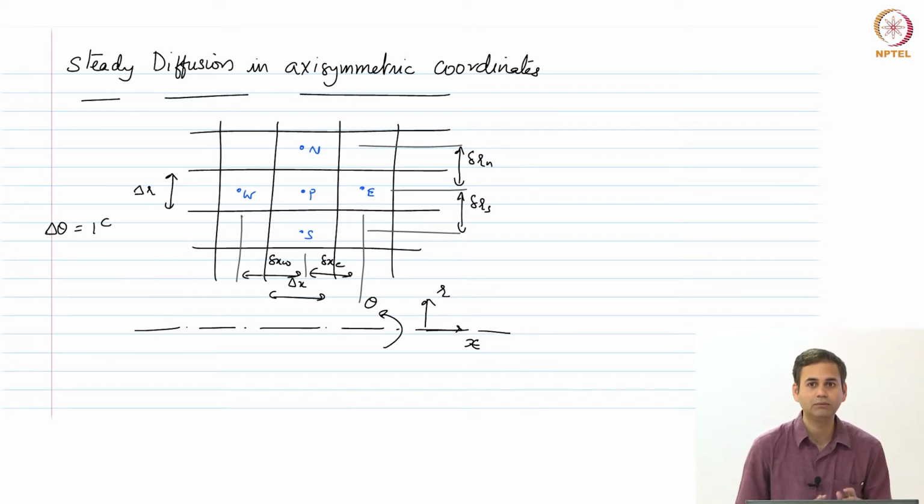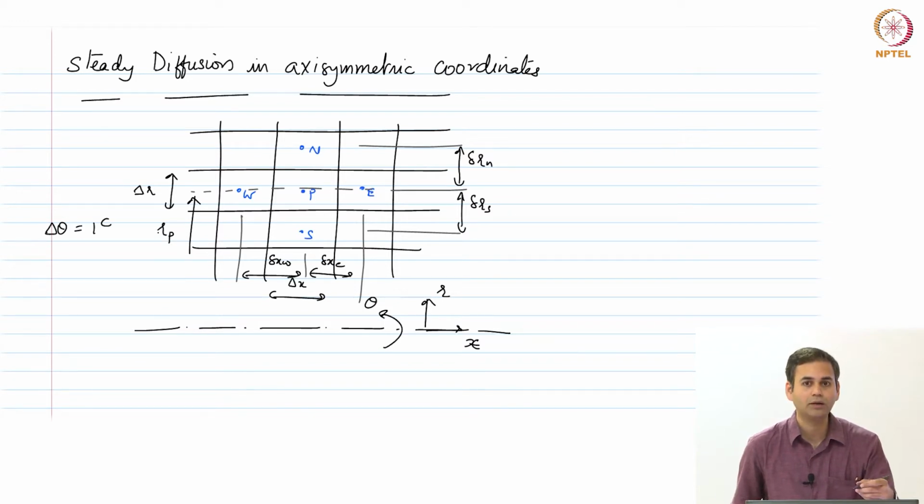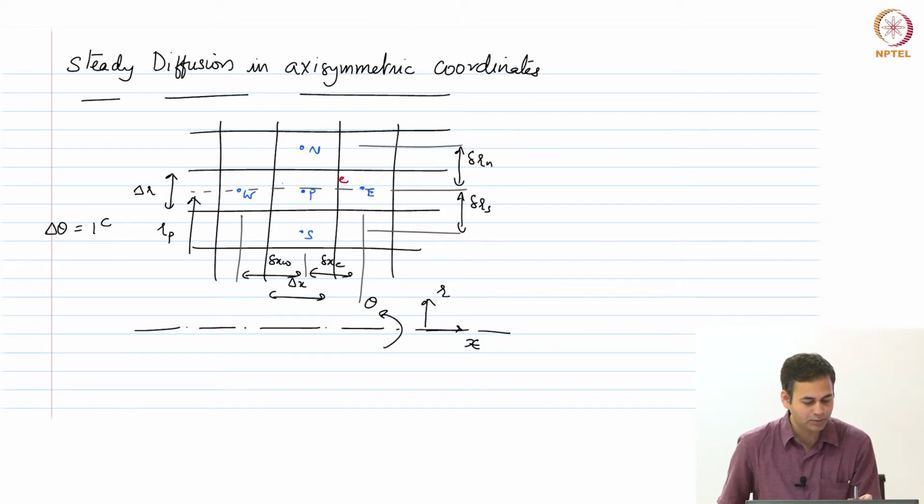Those are the metrics we have, and then we also know the radii: Rp, Re, Rn, R south and so on. We have the faces between the cell centroids, east, west, north and south.